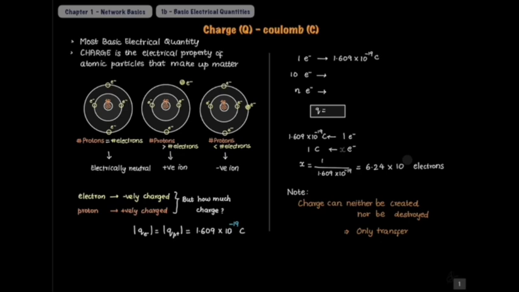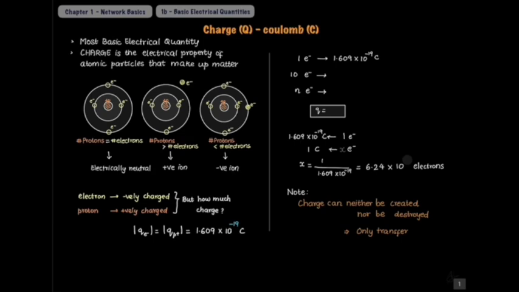This is because the positive charge starts dominating compared to the negative charge. Similarly, when an atom gains an electron, the negative charge starts dominating because of more electrons. This is now termed a negative ion, and the electrical property of such an ion is negative charge.